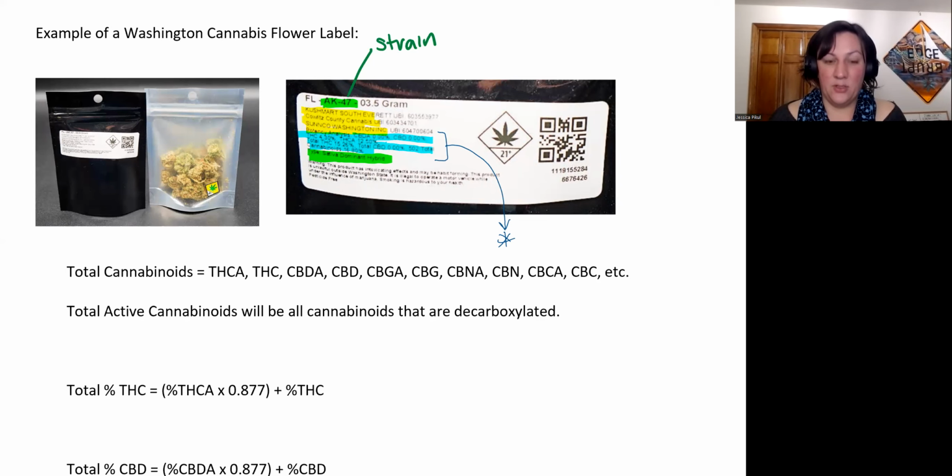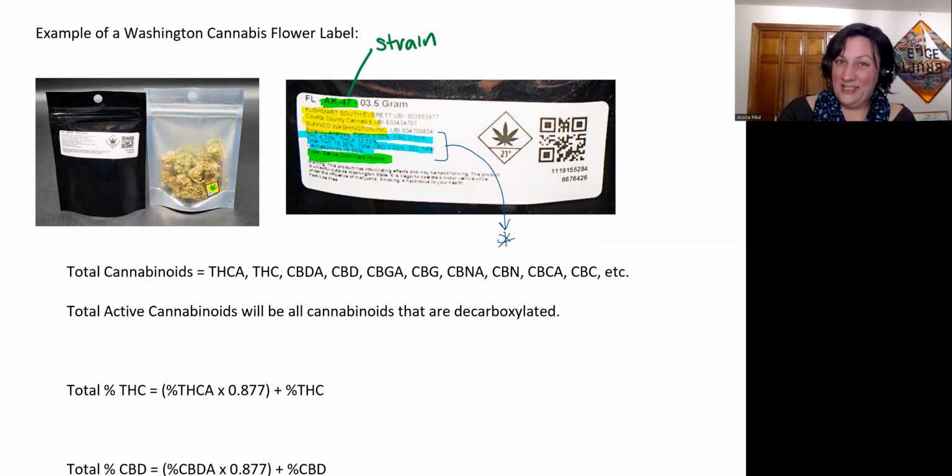When that number is listed, it's supposed to represent the THCA, the THC, the CBDA, CBD, but also any of the variants on CBG, CBN, CBC, or the variants on THC or CBD like THCV, where they have a shorter alkyl chain. And so that should represent that.